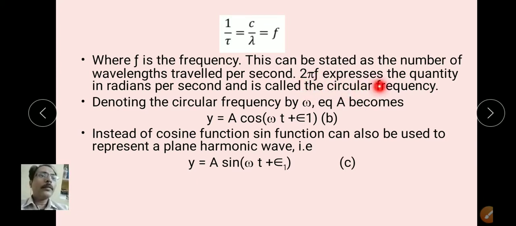2 pi f represents the quantity in radians per second, and is called the circular frequency.